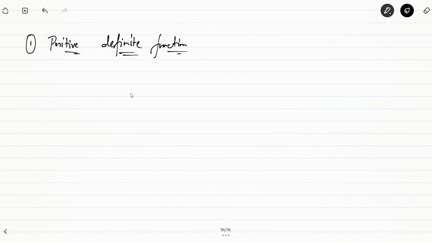A Lyapunov function v of x will be called a positive definite function in a given region if at all points in the region it has the same sign. Fine. So if v of x is greater than 0 for all x not equal to 0, then this is called a positive definite function.